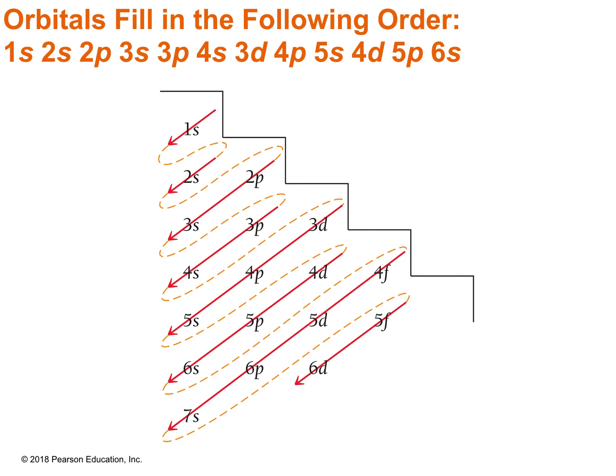So everything's business as usual up until 3p, all right? But after 3p, we fill the 4s, and then we fill the 3d, okay? So 4s, 3d, 4p, 5s, 4d, 5p. And then we don't actually start filling f orbitals until 6s, all right?